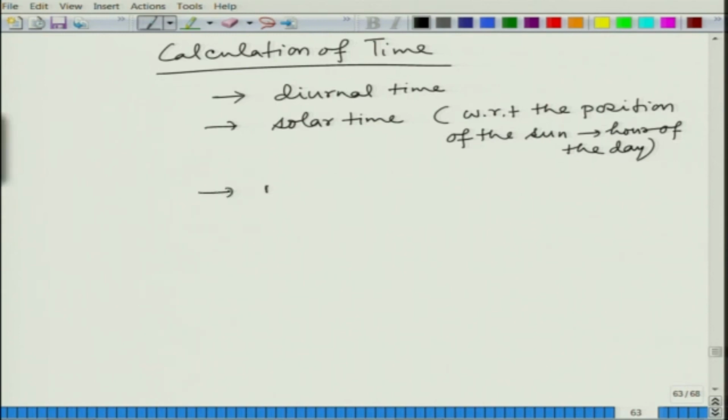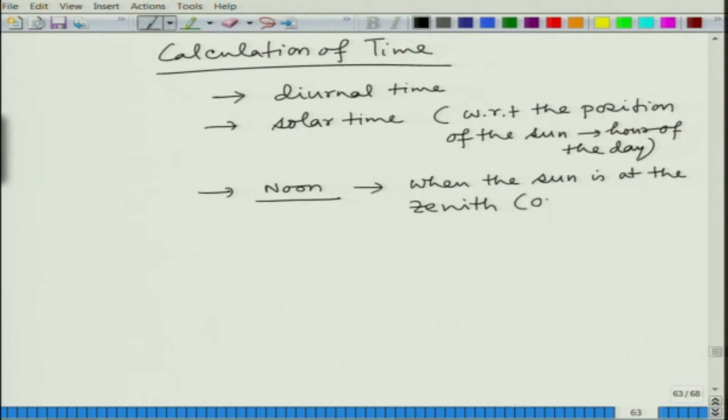First one, the most important one, is the noon. How do people find when is noon? Noon is defined when the sun is at the zenith position or overhead position.